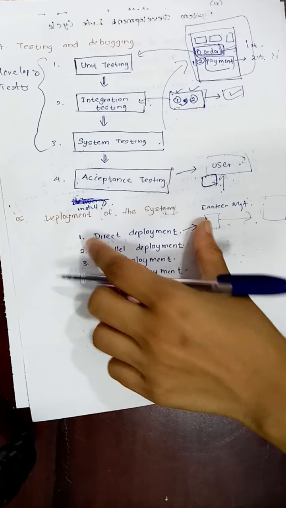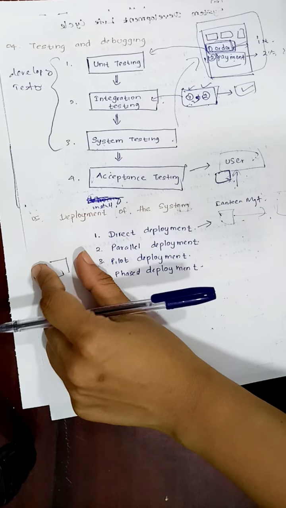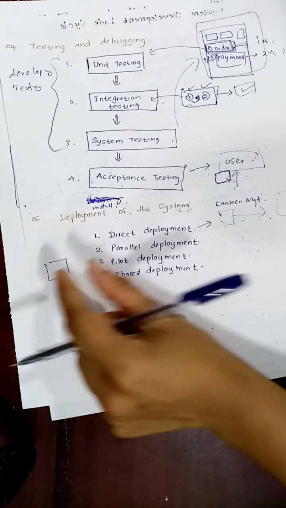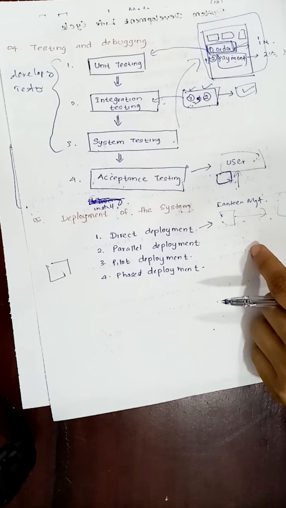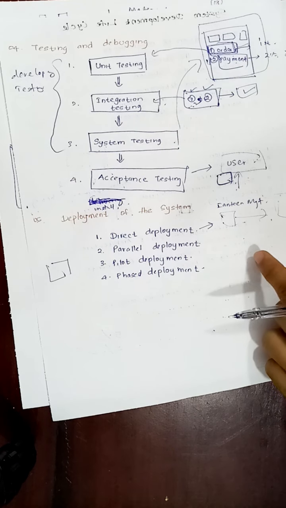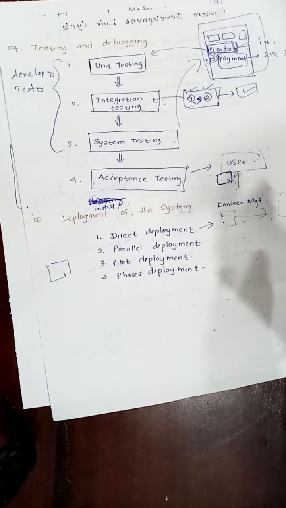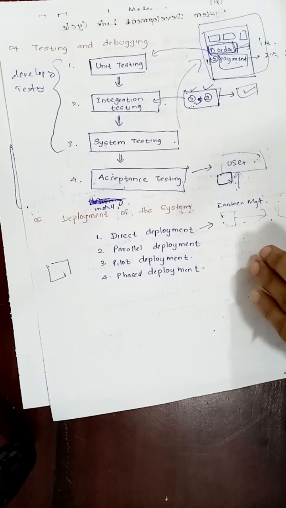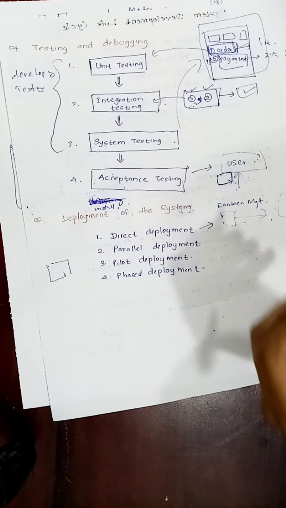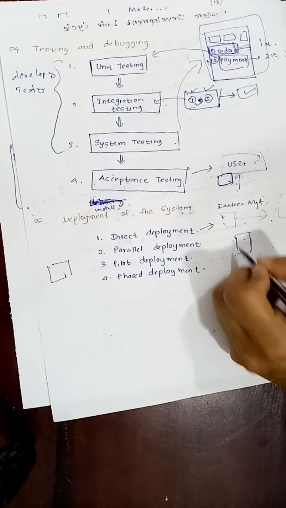Direct deployment means, we have developed canteen management software. Where are we going to deliver that one? We are going to deliver to a canteen. So that canteen will already have a system. If they have software, that will be an old one. If not, they will have a written format system, which means the canteen owner will record everything in a book.